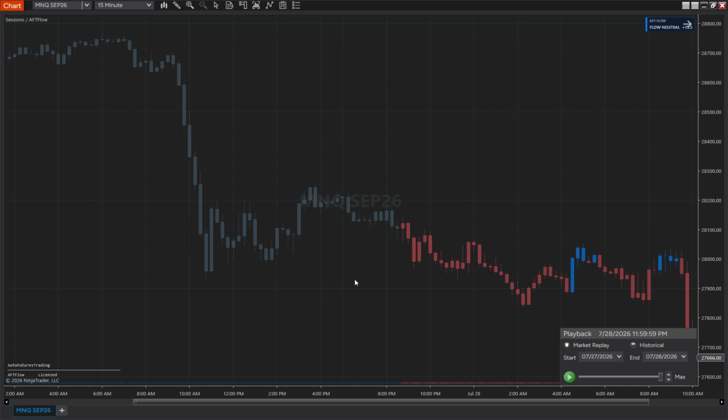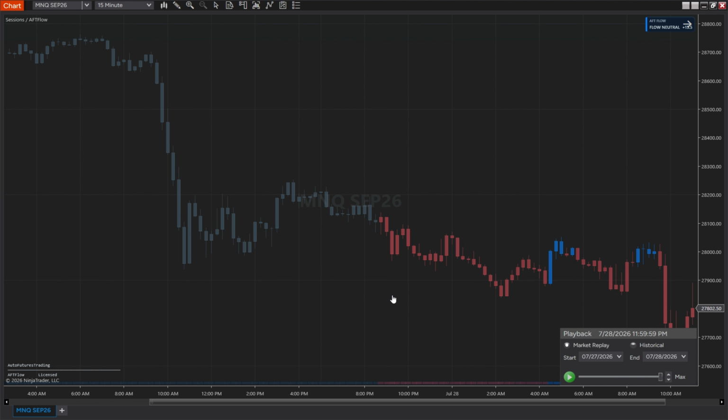Alongside that core process, Sessions includes several controls that allow you to adjust how it operates. You can allow long entries, short entries, or both directions. Position sizing can remain fixed or calculated automatically around a selected dollar risk amount.